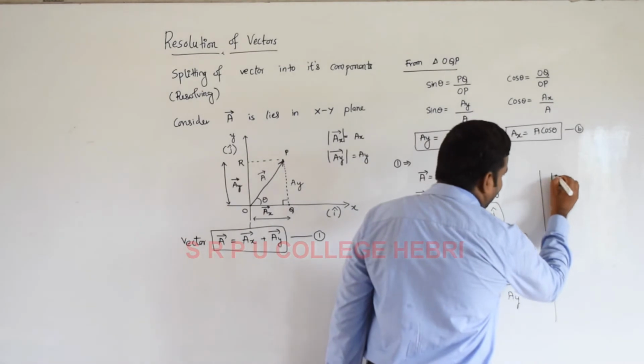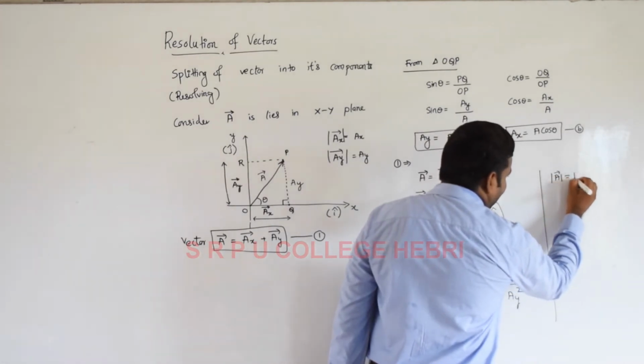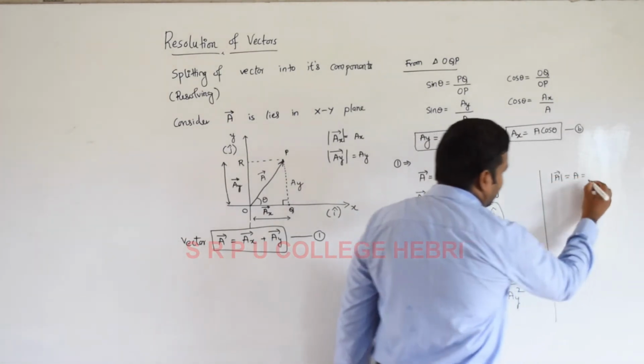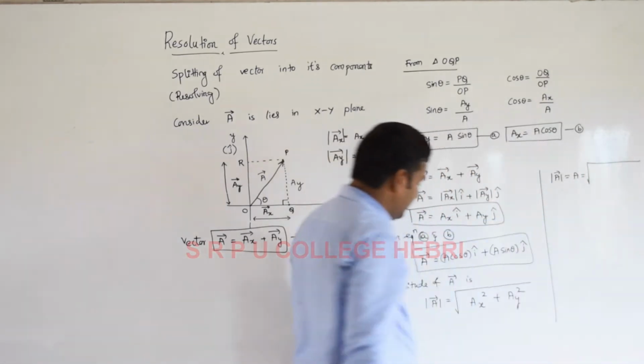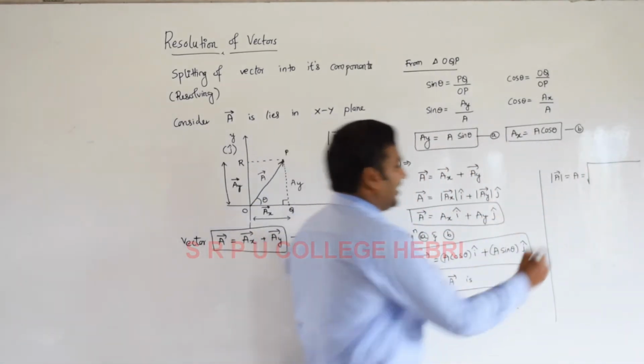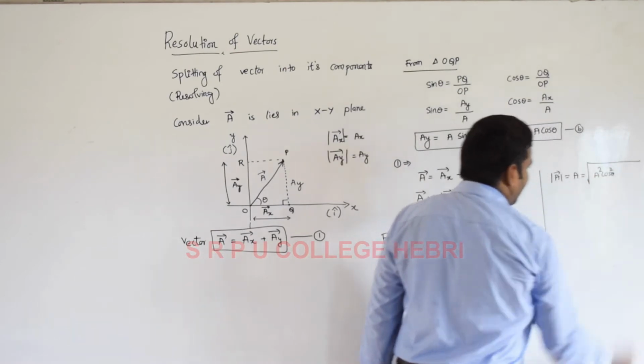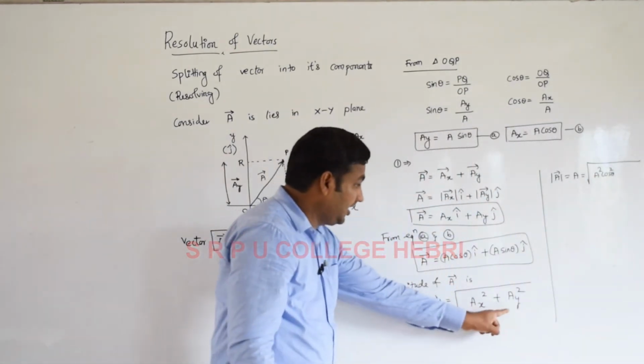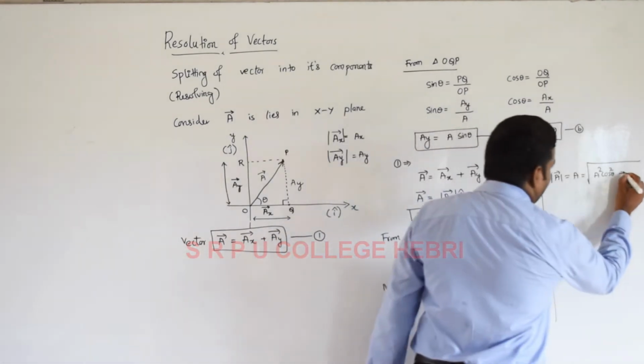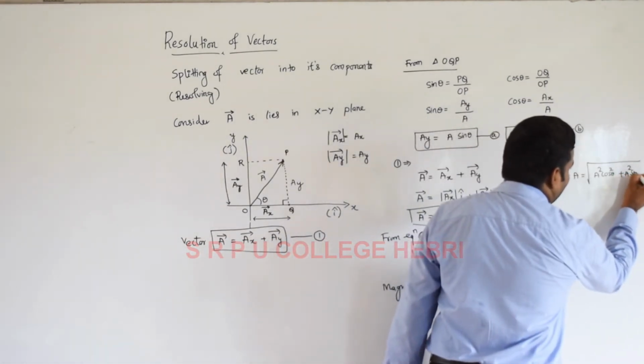I got the magnitude of vector A, that itself is A, is equal to square root of, here AX square you have to take like A square cos square theta, AY square is nothing but A square sin square theta.